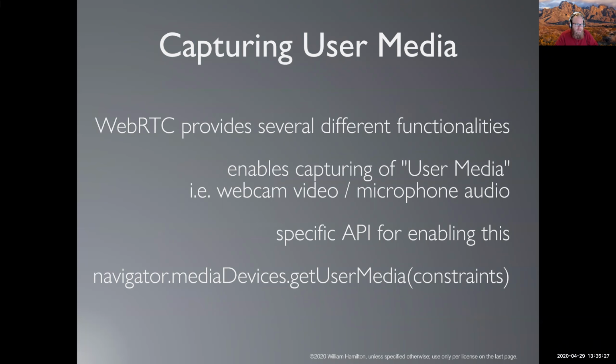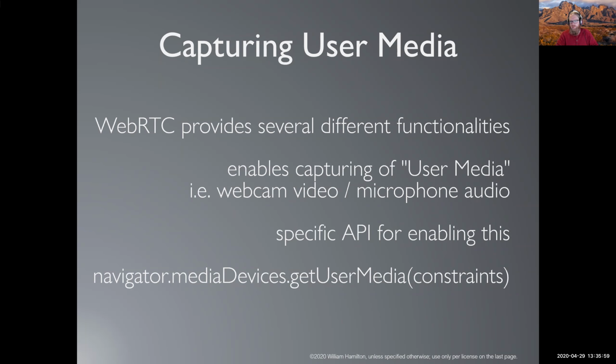It provides a couple of different functionalities. One of them is providing web pages access to a user's media devices, specifically webcam and microphone access. Typically this wasn't available in the browser from a JavaScript API before the advent of WebRTC.